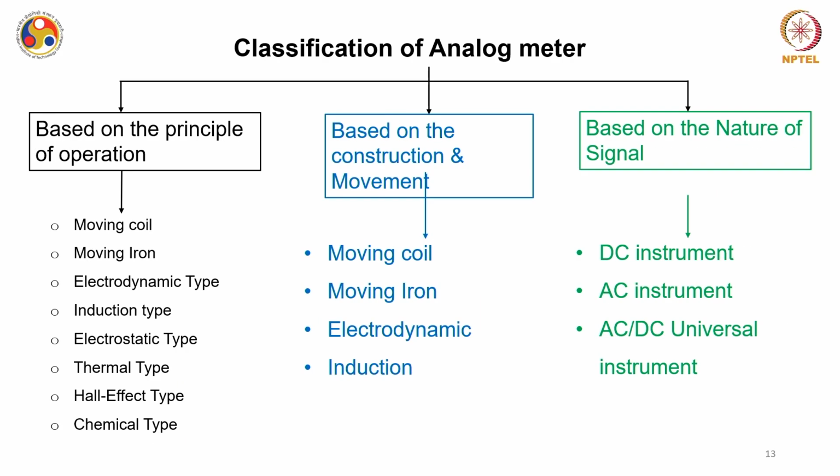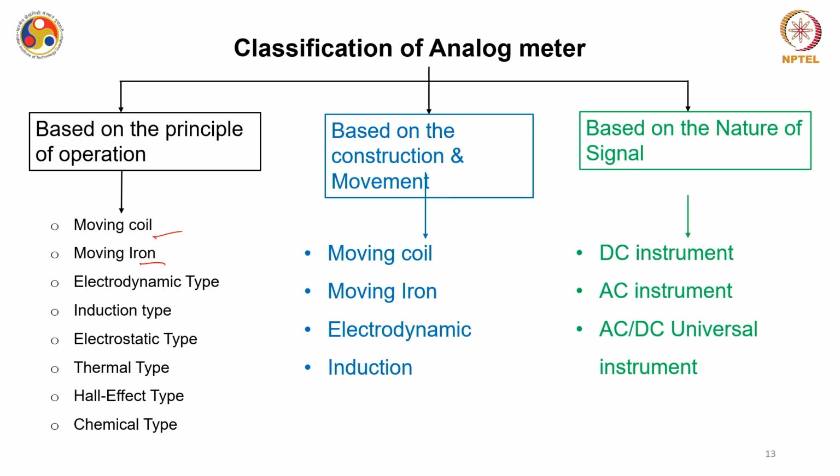Now, based on the principle of operation, you can have different types of analog meters, including moving coil analog meter. You can also have moving iron or MI instruments. You can also have electrodynamometers or electrodynamic type of analog meters. Then certain AC instruments like induction type analog meters are also available.